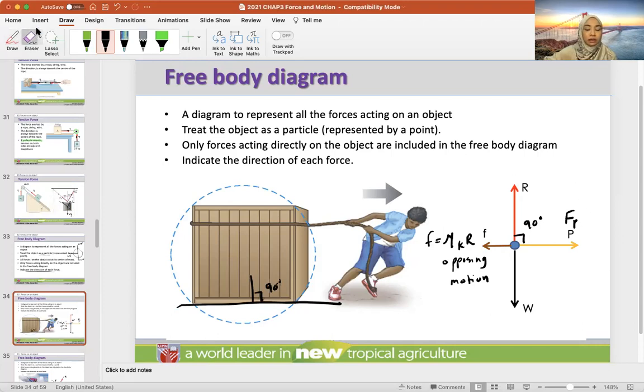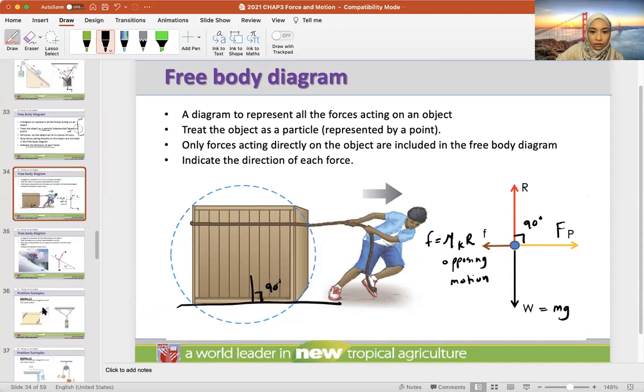Tak tahulah kan. So FP lah, better FP. Force pulling. And then W equals to mg. You can write it as mg, you can write it as W, or you can write it as W equals to mg. Dua-dua boleh. It means the same thing. Okay, indicate the direction of forces. Kat sini dia letak arrow semua ada direction.